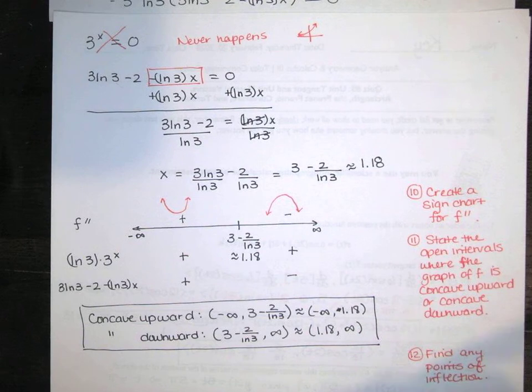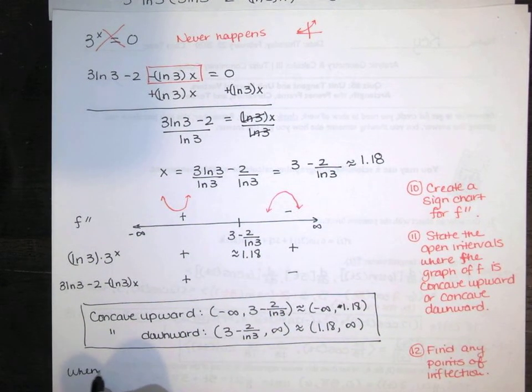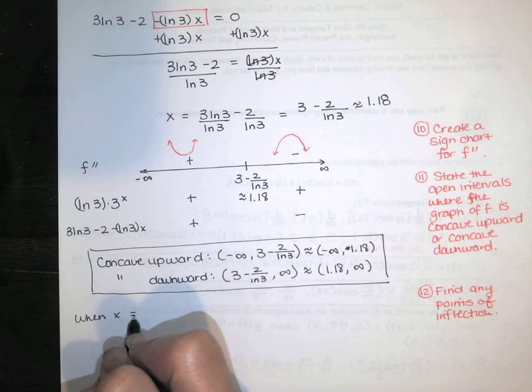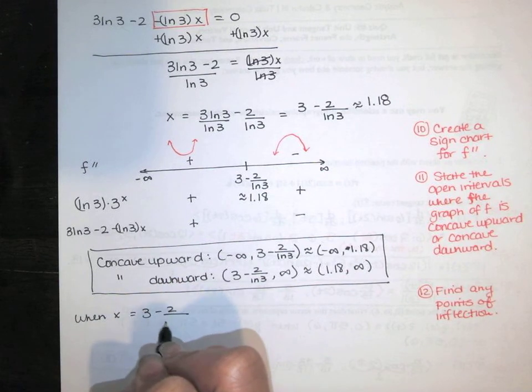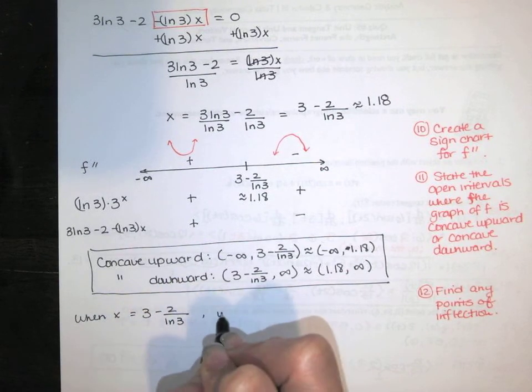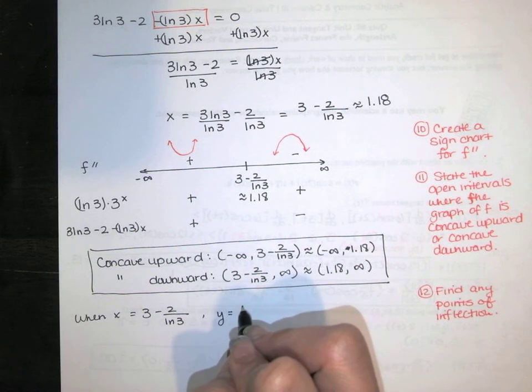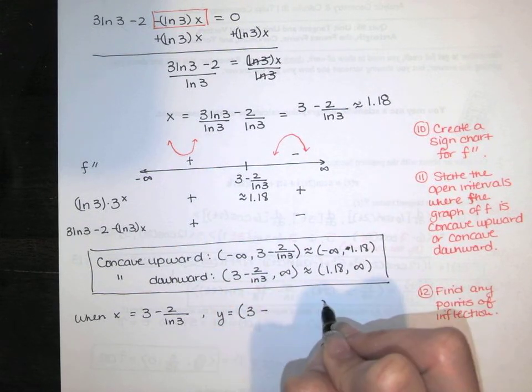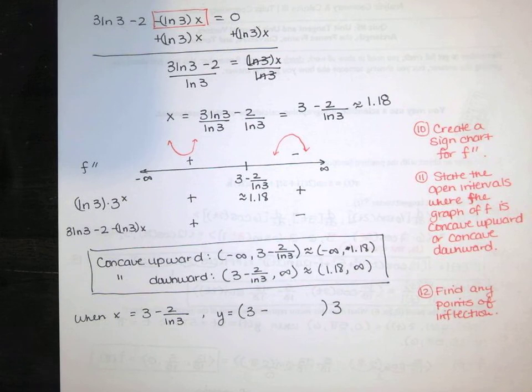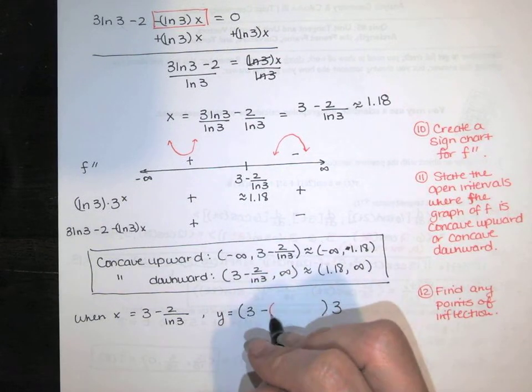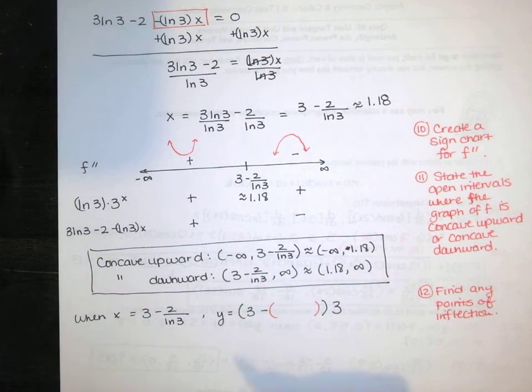Okay, so we need to find the y value that goes with this x value. So when x is equal to 3 minus 2 over natural log of 3, the y value on our graph is given by this. The original function was 3 minus x times 3 to the x. So we're subtracting x, and x has two terms, so you need parentheses there.